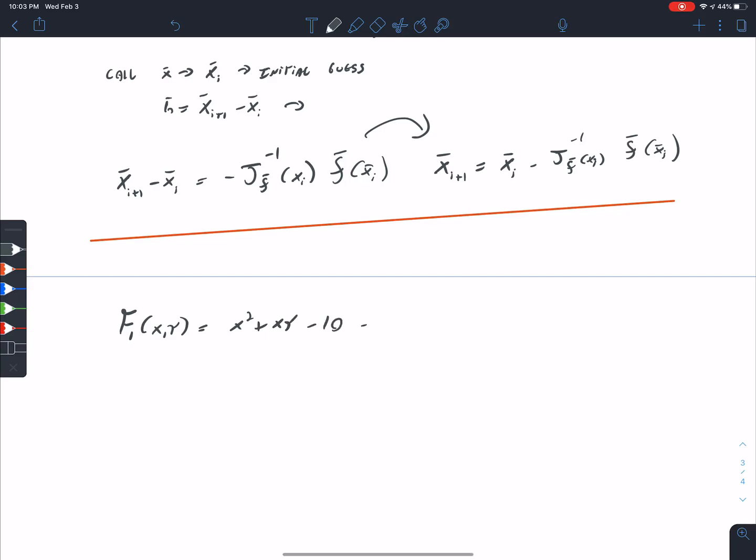And once again, we're setting this to 0, so it's like finding the roots. And f2 of x, y equals y plus 3xy squared minus 57 equals 0. So this will be the example that we'll solve in the next video.